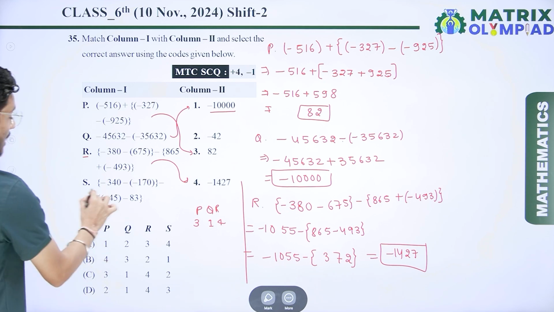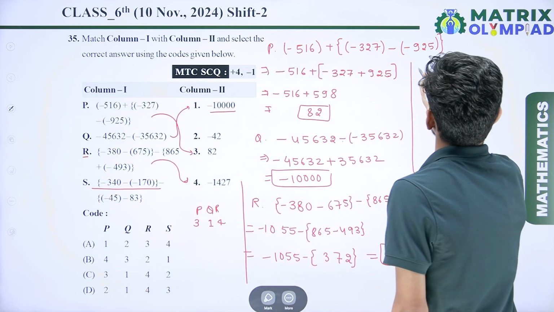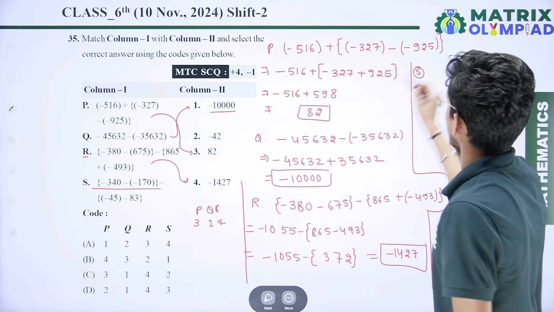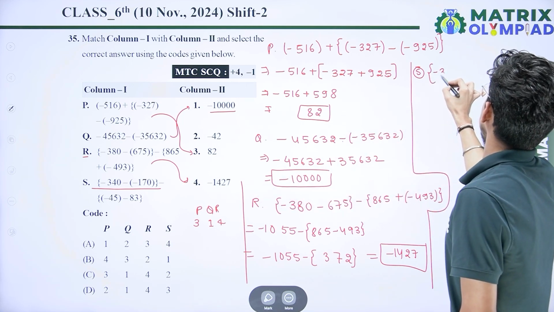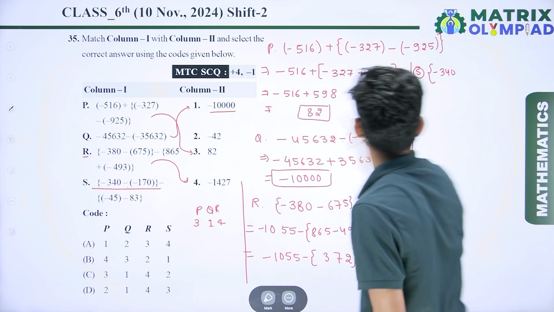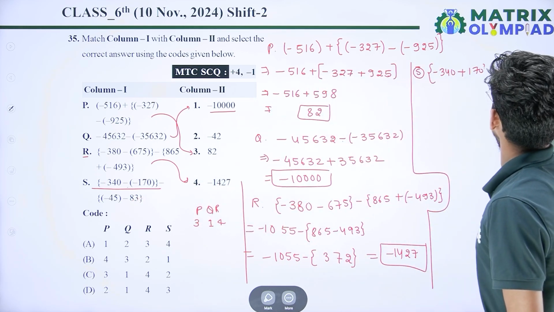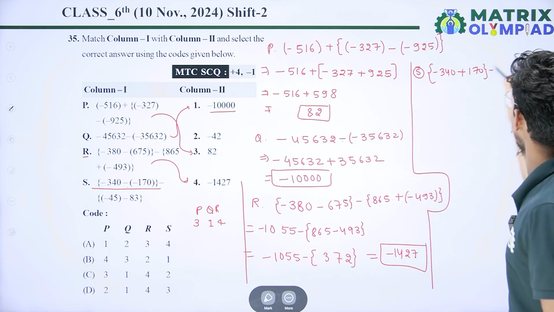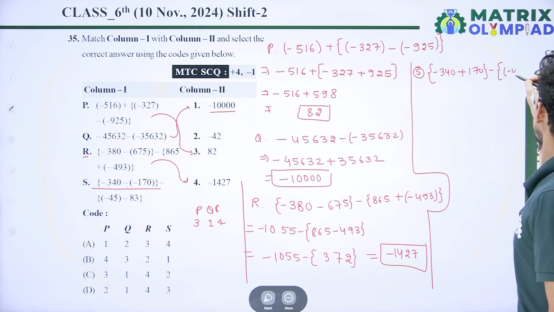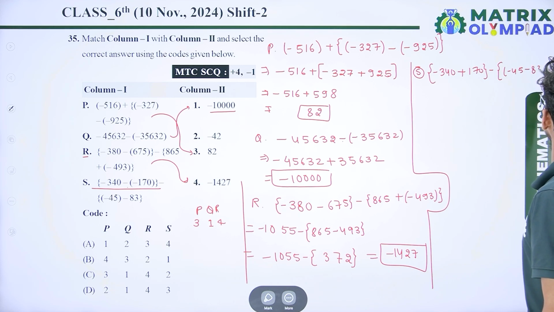So if I talk about the last one S, that is curly bracket minus 340 and here minus minus we get plus 170 curly bracket close minus again here we get minus 45 and here we get minus 83.